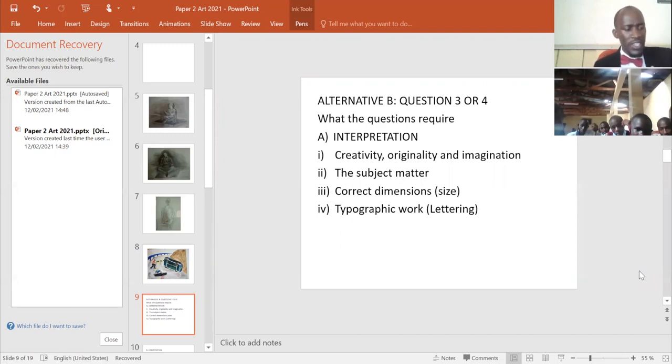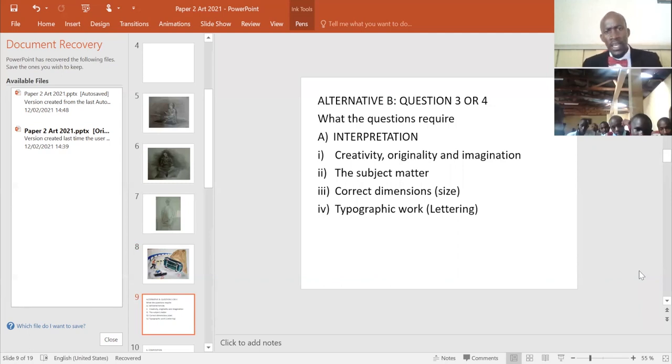When you're talking about graphic design, we talk about your ability to create specific forms of art that are mainly used for communication purposes. Most of the art forms in graphic design are used for communication, advertising. We're talking about awareness, creating awareness, and so on and so forth.